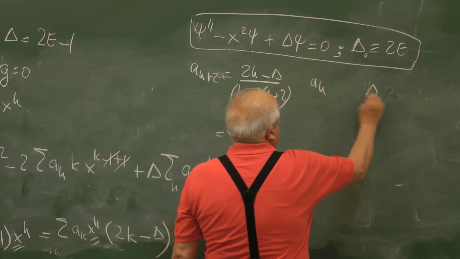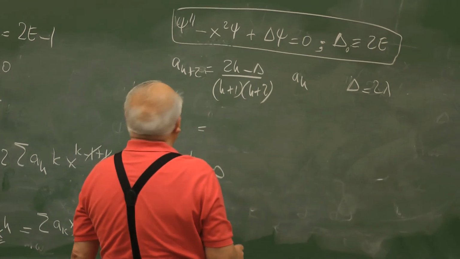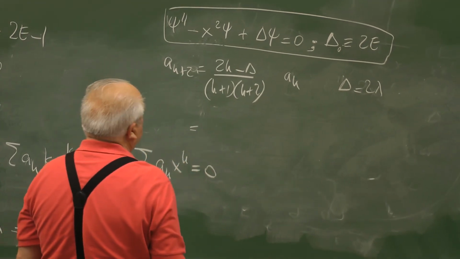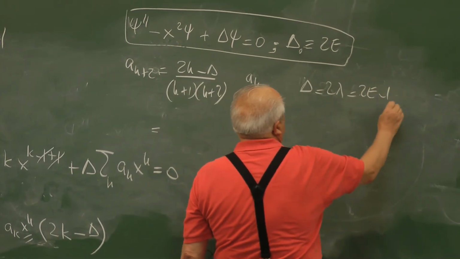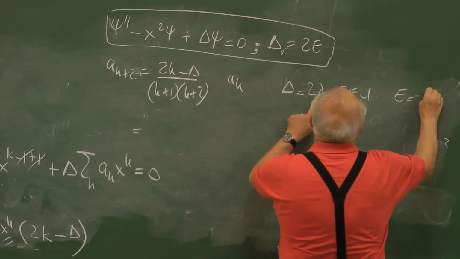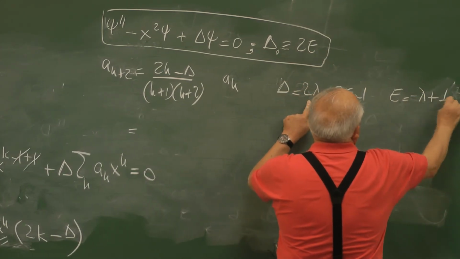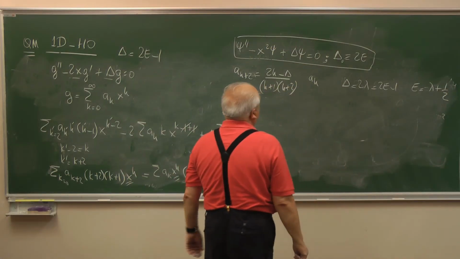Let us say delta is equal to 2 lambda, and this is 2e minus 1. Now our dimensionless energy is lambda plus 1/2. Of course, we don't know what lambda is.